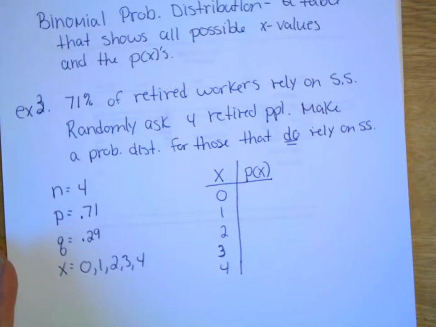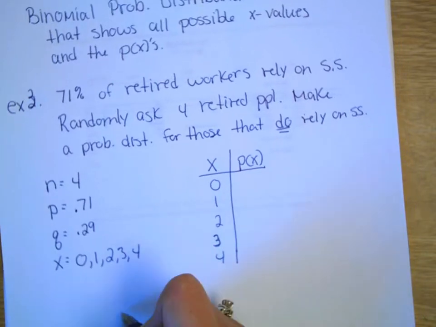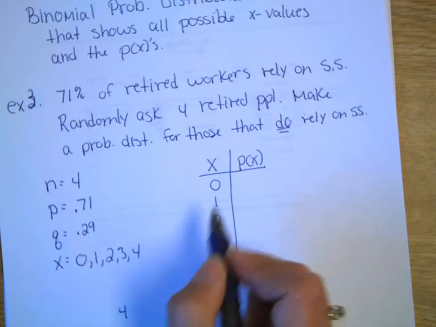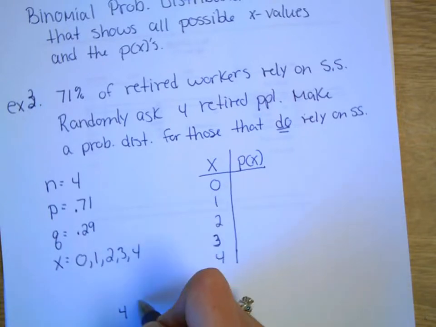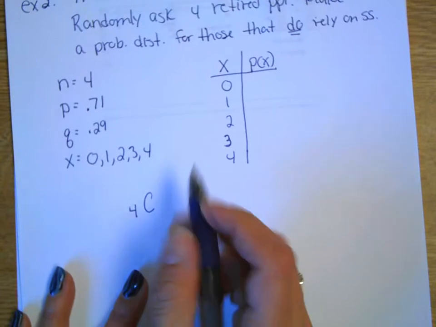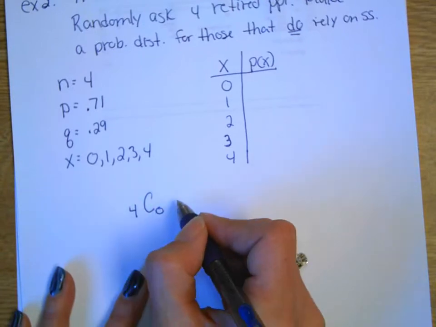Let's do one by hand, and then I'm going to show you the program. Okay, so let's just practice the formula again. It's N, which is 4. Let's do the 0 by hand. What goes on the other side of the C? 0, the X value.